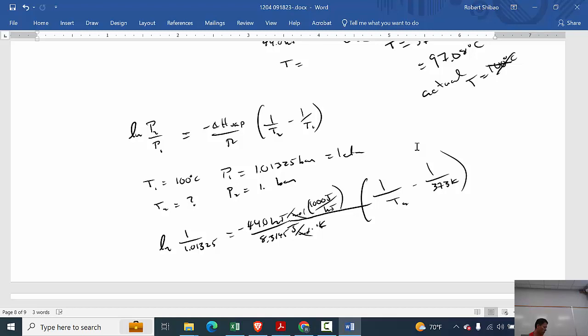Divided by 0.044 joules times 8.3145 equals that. And then I'm going to add 373 inverted. So plus 373 invert. And then I'm going to invert it.